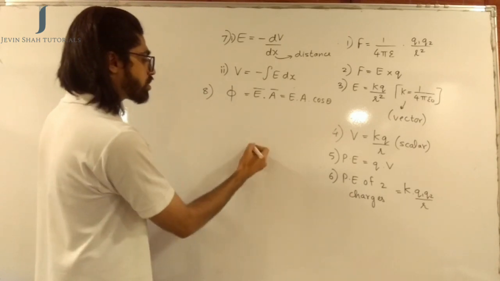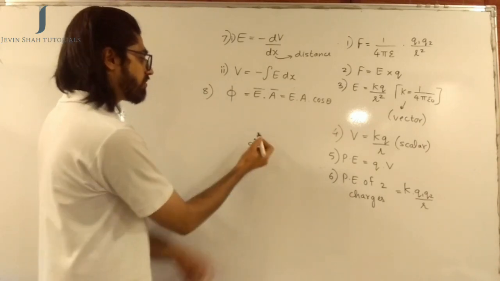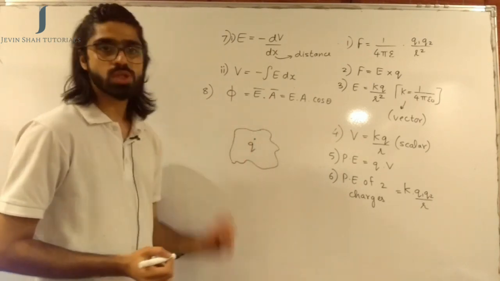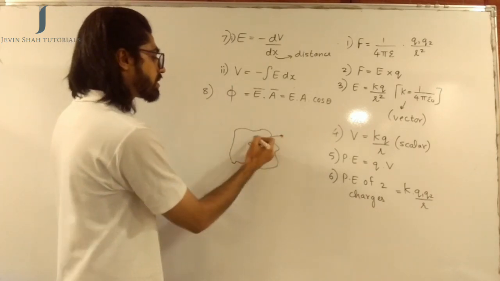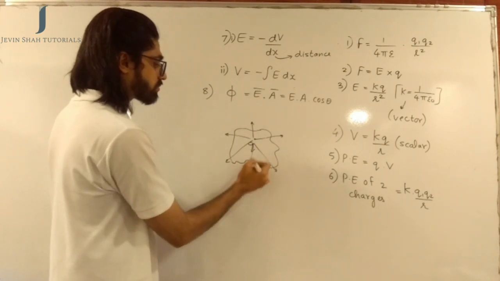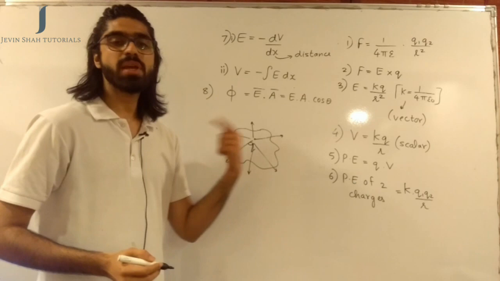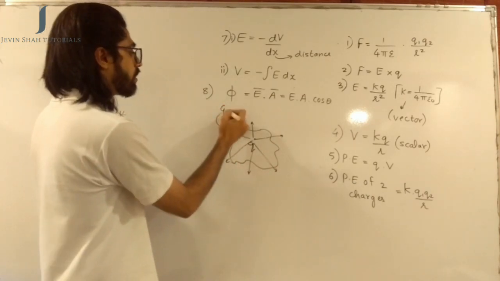So if you take a charge q and you draw some surface around it, that surface can be random. Just draw an imaginary surface around the charge q, but it should be a closed surface. From that surface, electric lines of force are going to come out. So the total flux through this surface will be given by q upon epsilon naught. That is what the Gauss theorem tells you.